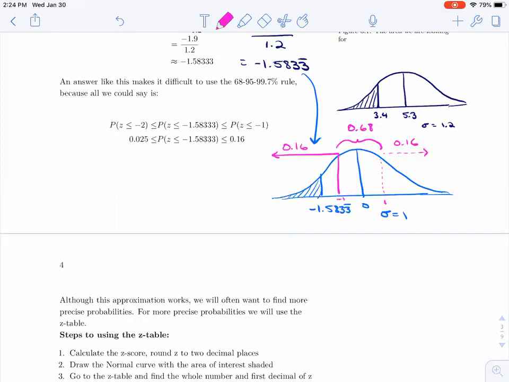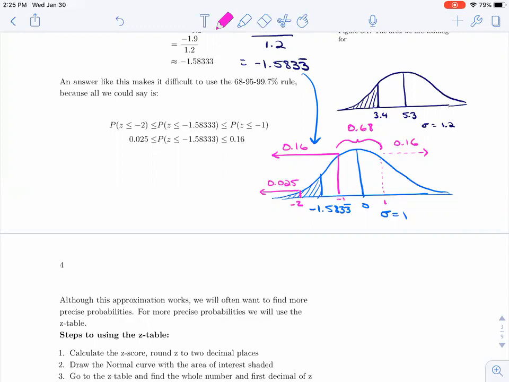I'm not putting it all on here because it would get too messy. But you can kind of work through it the same way that we did with the 68, go from 95, right, figure out what's left over, split it evenly amongst the two tails, and you'll end up at 0.025.